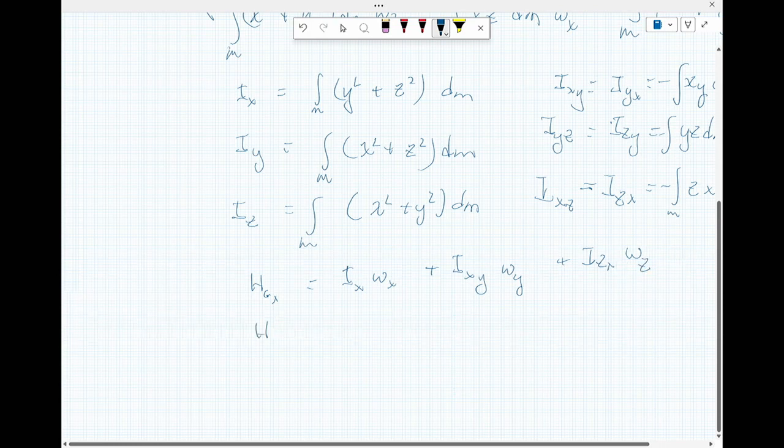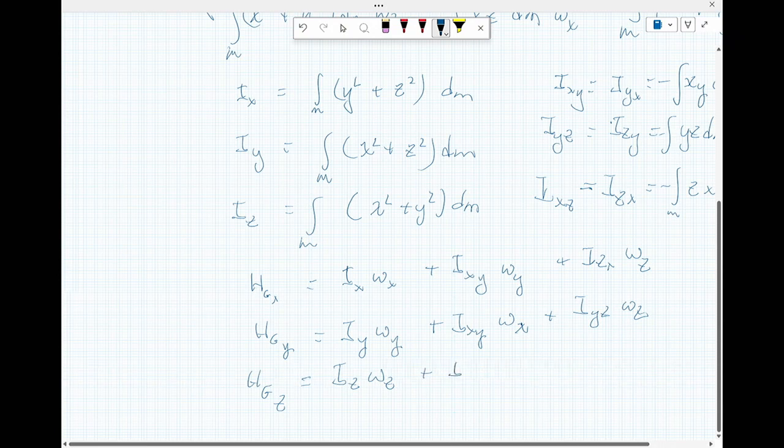And H_Gy is equal to I_y omega y minus I_xy omega x minus I_yz omega z, and H_Gz is I_z omega z minus I_xz omega x minus I_zy omega y. So that's great.